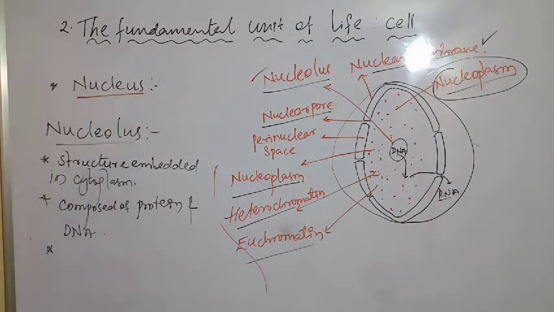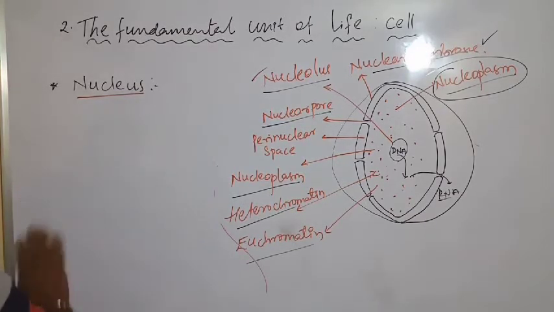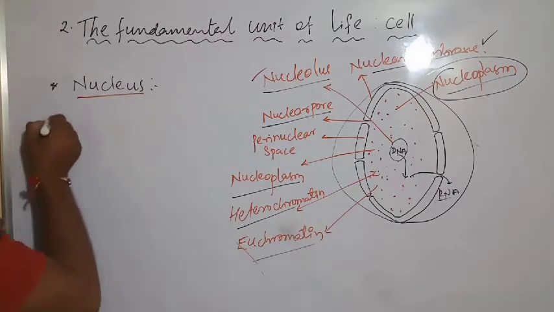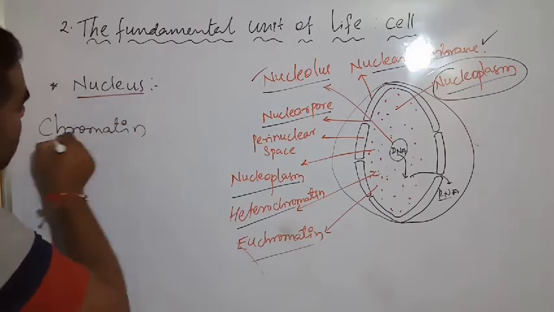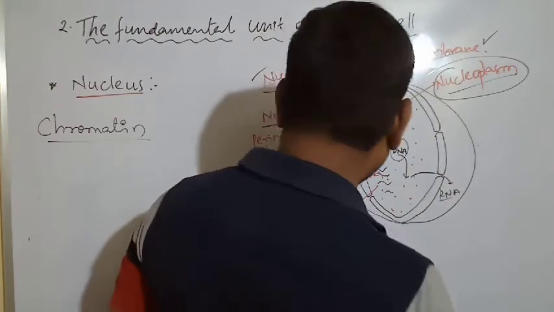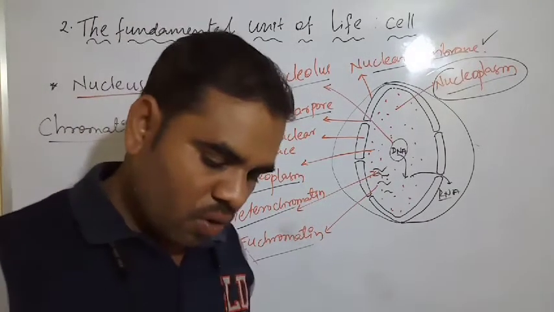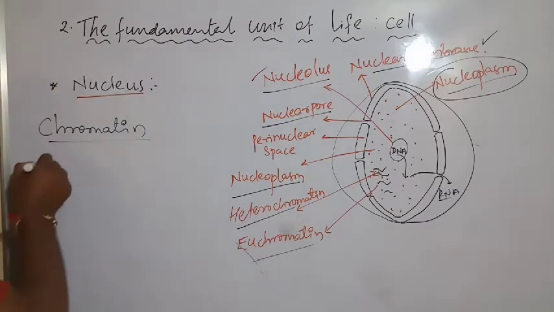Chromatin means a thread-like structure. See, here is the chromatin. Thread-like structures. This chromatin is a thin thread-like structure embedded in the nucleoplasm, made of DNA, RNA, histone and non-histone proteins.